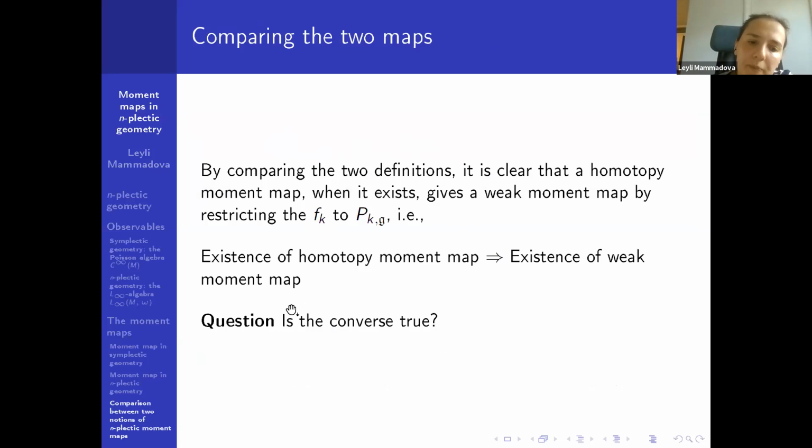If you have a weak moment map, do you always have a homotopy moment map? Let me first tell you that this question kind of hides two questions inside it. First of all, if there is a weak moment map, is there always a homotopy moment map? And another question is, is there a homotopy moment map that restricts to this weak moment map? And these two questions have different answers.